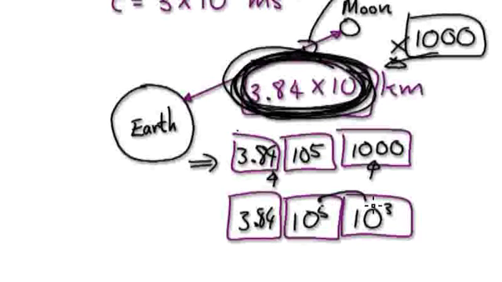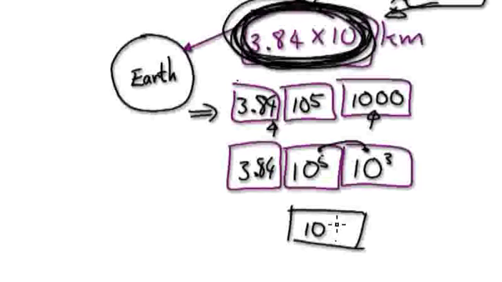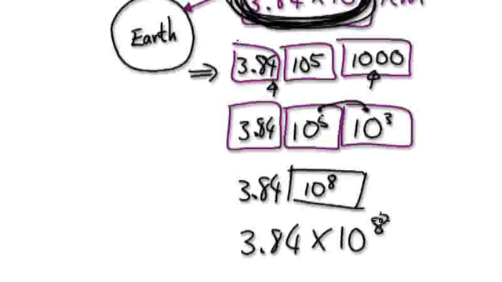So merge these two together. This would be 10 to the power of 5 times 10 to the power of 3, which is 10 to the power of 8, and then 3.84. So to convert into meters, it would be 3.84 times 10 to the power of 8.